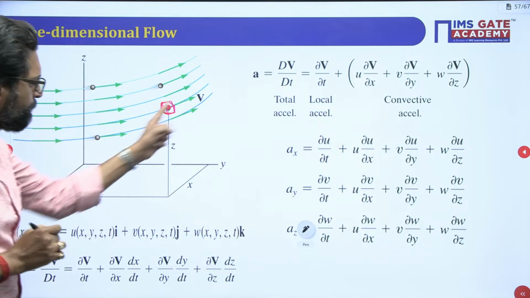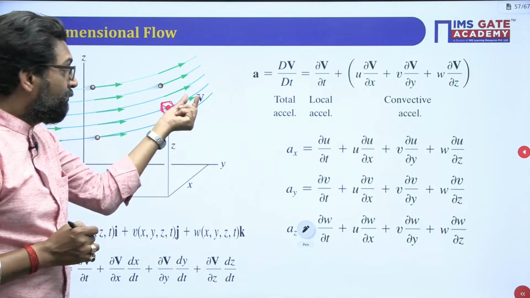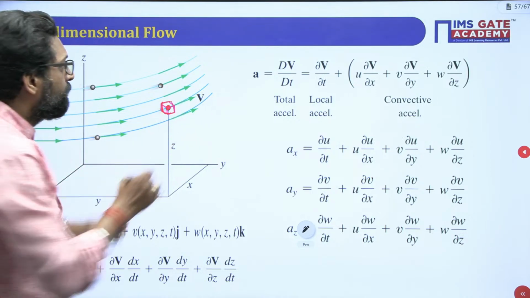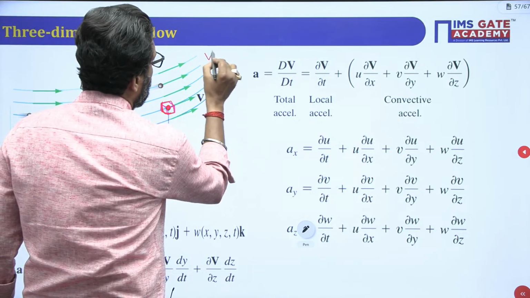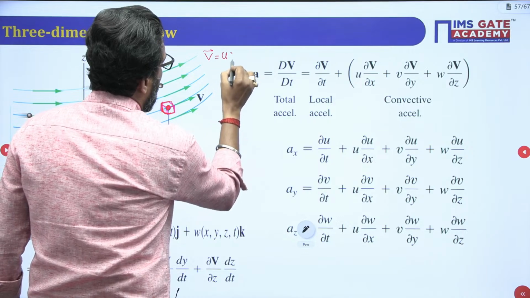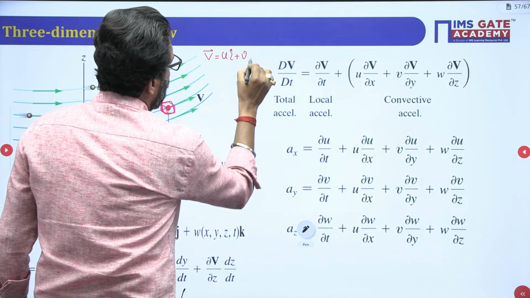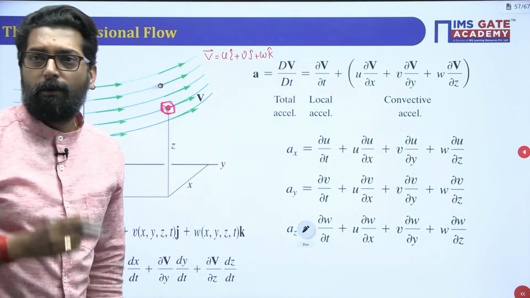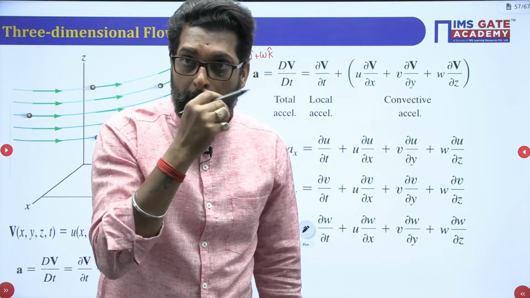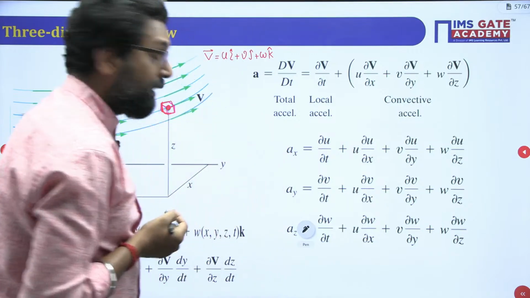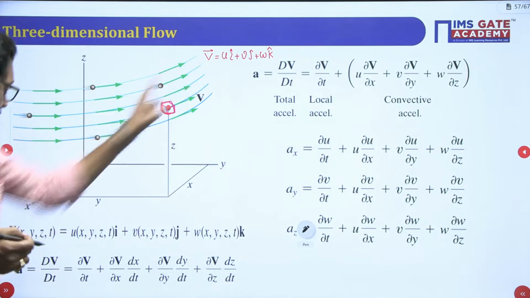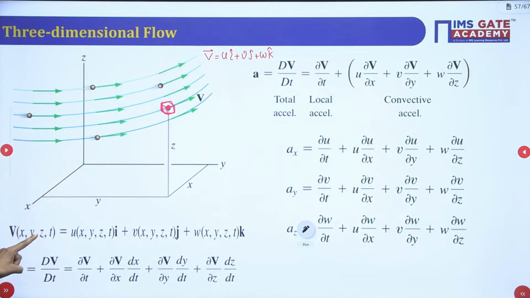This fluid particle has a velocity v, and this velocity v has 3 components: x component, y component, z component. That means this v is ui plus vj plus wk. So this V is a function of x, y, z and t. So this is your field.